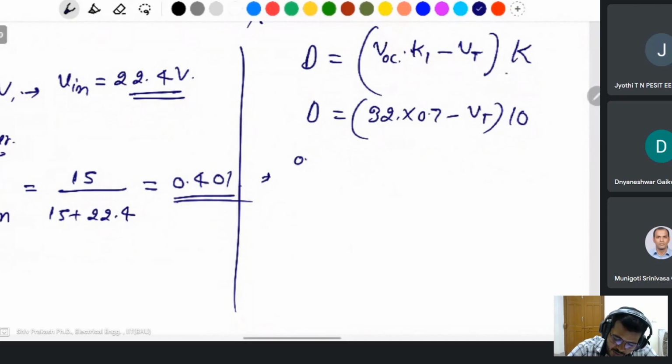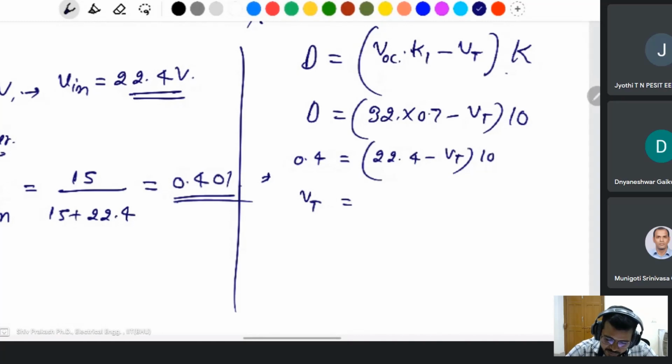This one is 0.4, equals 22.4 minus Vt divided by 10. Then what is Vt? Vt is equal to 22.4 minus 0.04 divided by 10, here 0.04, then Vt will be 22.36 volt.